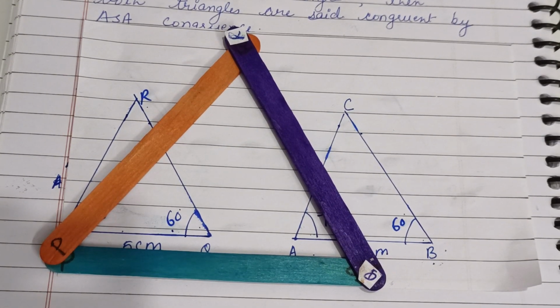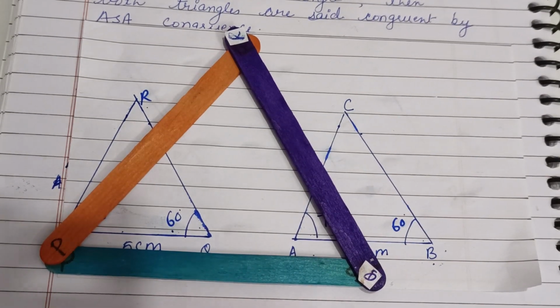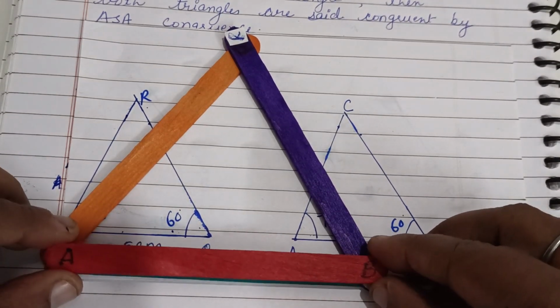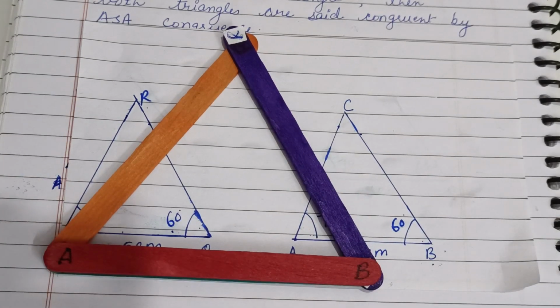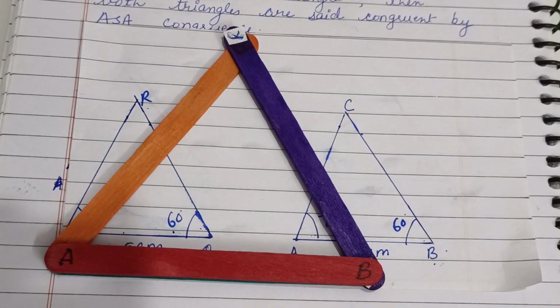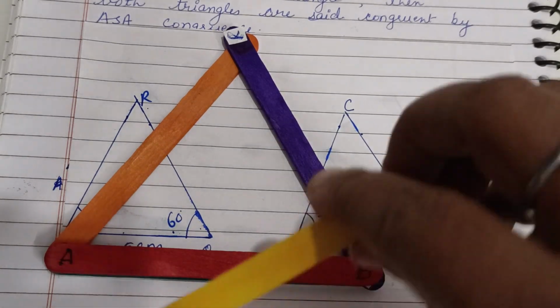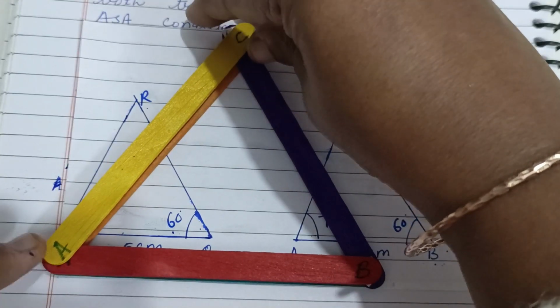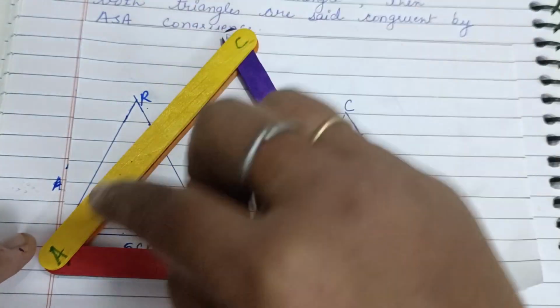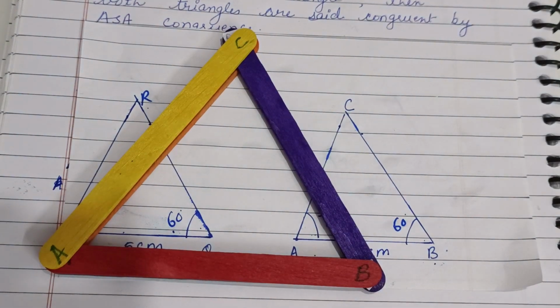Now we can see that PQ is equal to AB. You all can see that PQ and AB are overlapping with each other. Now at end A, I can make angle A, so I will put this side AC here.